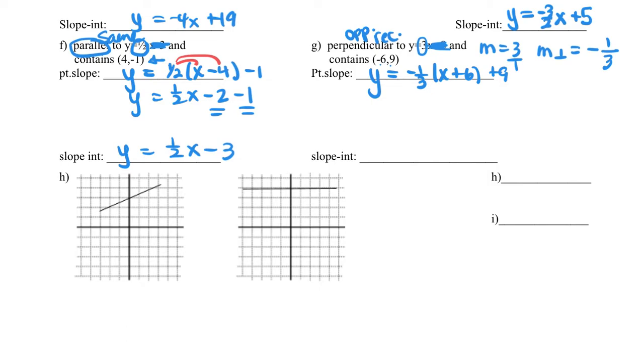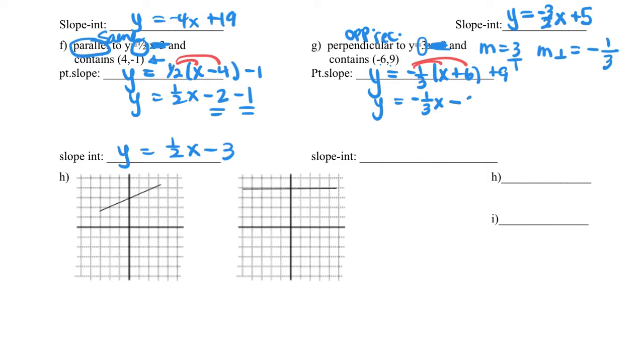Now I'm going to do my distribution again, multiplying that 1/3 into both of those terms. Negative 1/3 x plus, now negative 1/3 times 6. And again, you can do this in your calculator. I put a plus, but I'm actually going to change that because a negative times a positive is a negative.